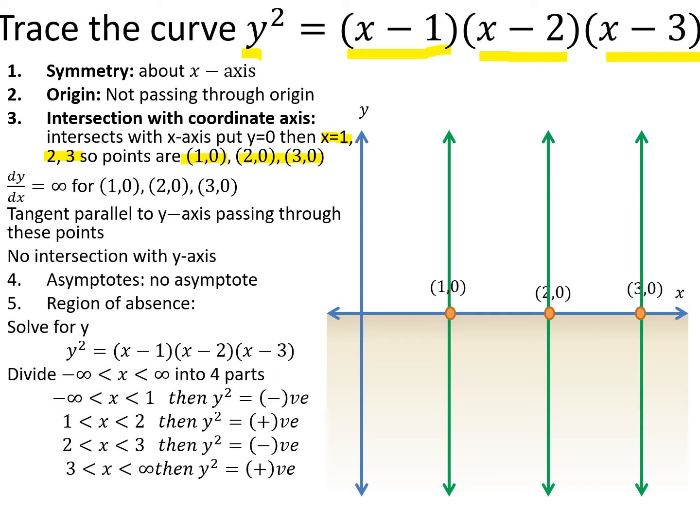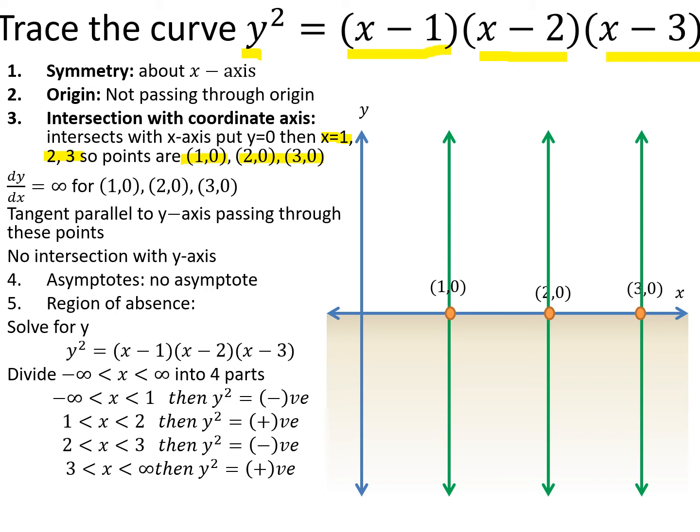I'll just recall here: when y square is negative, the curve does not exist. If y square is positive, the curve will exist in that particular region. So the first part is minus infinity to 1, that means x is less than 1. If x is less than 1, then x minus 1 is negative, x minus 2 is negative, and x minus 3 is also negative.